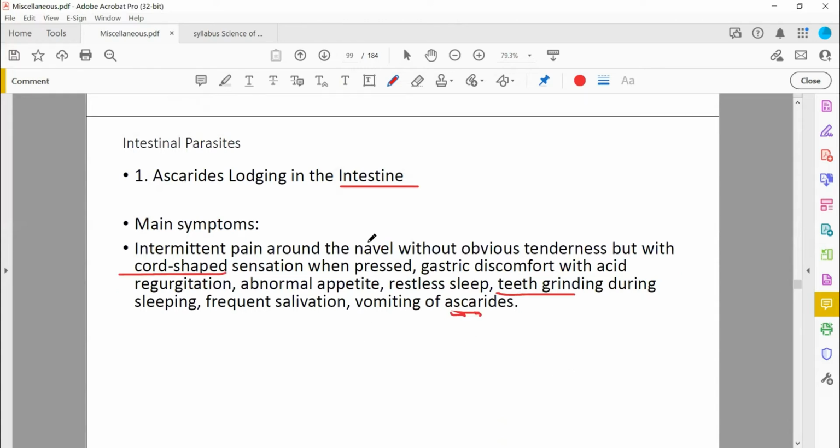Usually the pain will be around the navel. Okay, so the location: if it is epigastric pain, it will be in the epigastric region, right? Abdominal pain could be upper abdominal or lower abdominal, right?